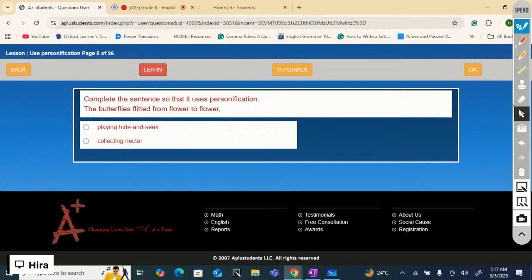Well, playing hide and seek, you know, butterflies cannot play hide and seek. It's a human quality, but if it is given to butterflies, personification is used. So the first option: the butterflies flitted from flower to flower, playing hide and seek.